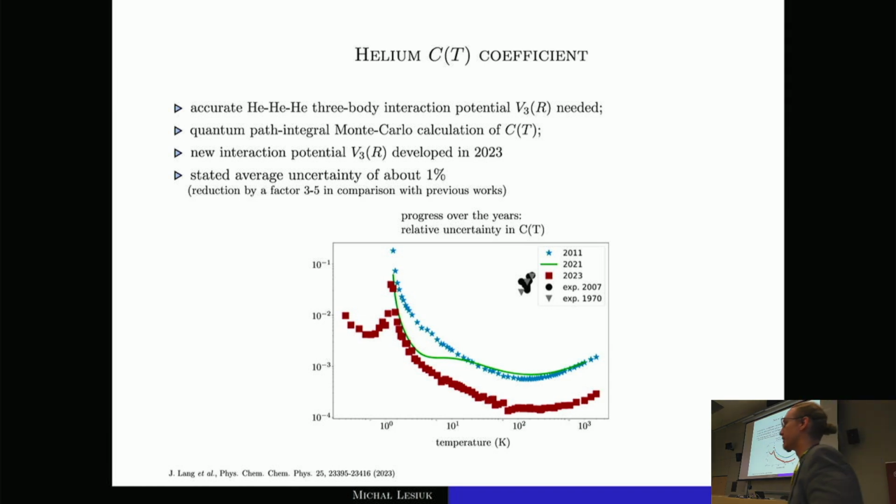You can no longer do it deterministically. Last year, we developed a new potential for three-body helium. Using this new potential, we are able to substantially improve the relative uncertainty in the third virial coefficient, and surpass the experimental data, which is also in black, and it's quite sparse and available only for several temperatures.